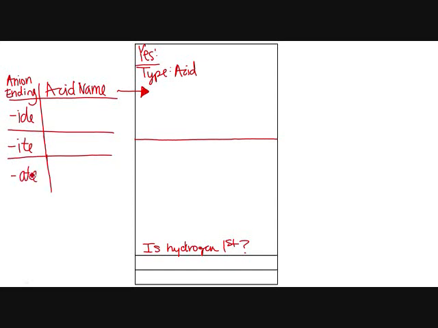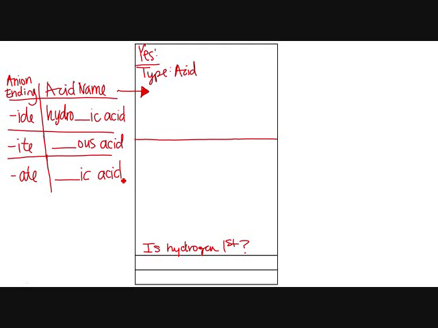IDE was the one with hydro, so we had hydro, blank, ic, acid. Then ITE, there's no hydro in front, but we had OUS at the end, acid. And ATE, no hydro, but ic at the end, acid. As long as you know what the anion ending name is, then you should be able to plug it in and figure it out.